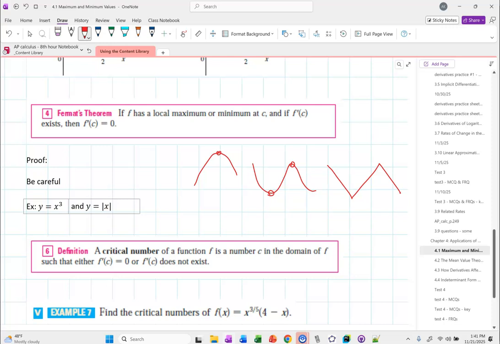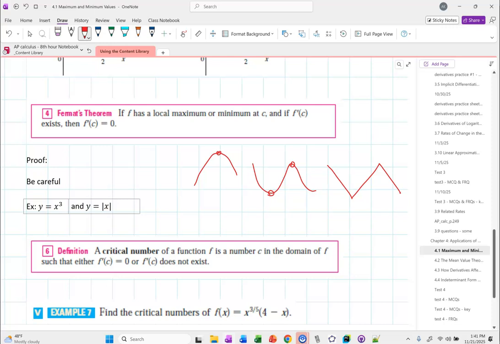Everybody remember that? So far, so good? Okay, so that's why we have this extra qualification, because the derivative here is not going to be 0. It doesn't exist. Provided the derivative exists, though, the derivative will be 0 at the minimum or maximum.